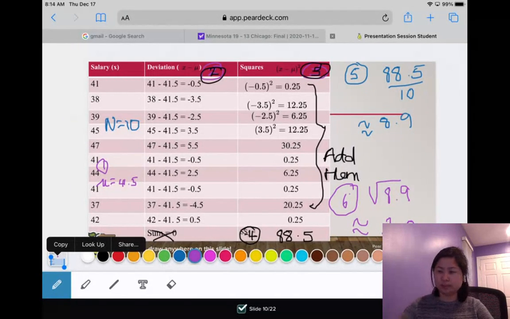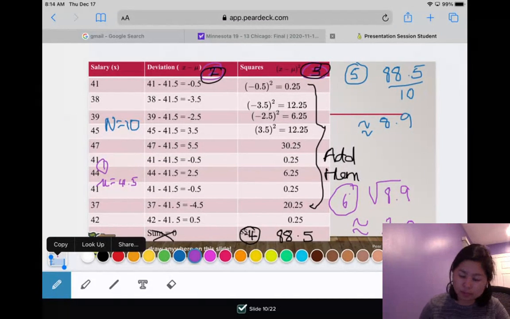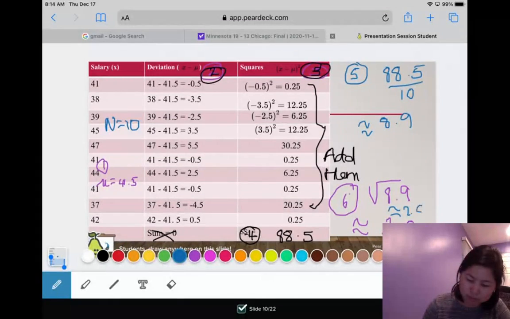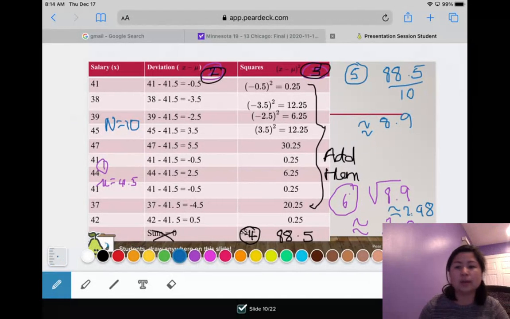Wait, hold on. I did it wrong. Sorry. Let's see. The square root of 8.9. Yeah, I round up to 3, but sometimes we can have it around 2.98, or you can round it up to 3.